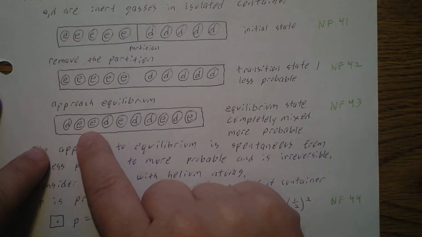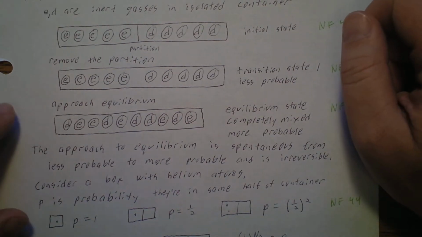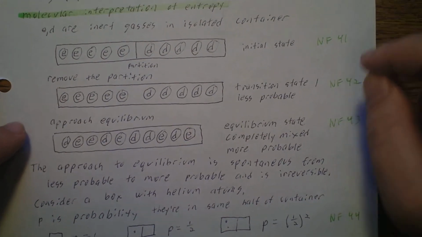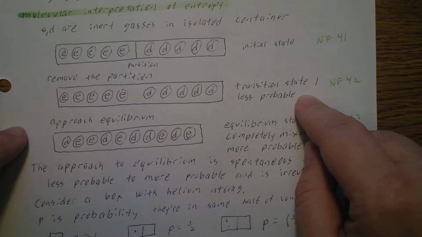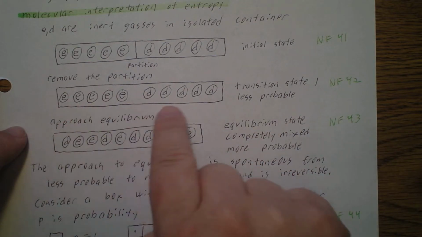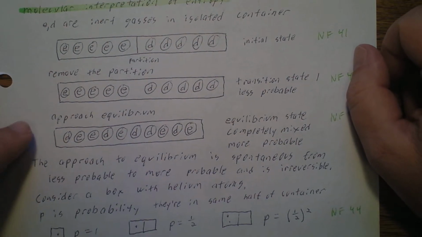We'll have the E's and D's on both sides, and we'll have the D's and E's on the other side. We'll have E's and D's everywhere. Notice that this intermediate state is less probable. If we were to just say, oh, look, this is how it separated itself, you'd probably say, well, that's very improbable.